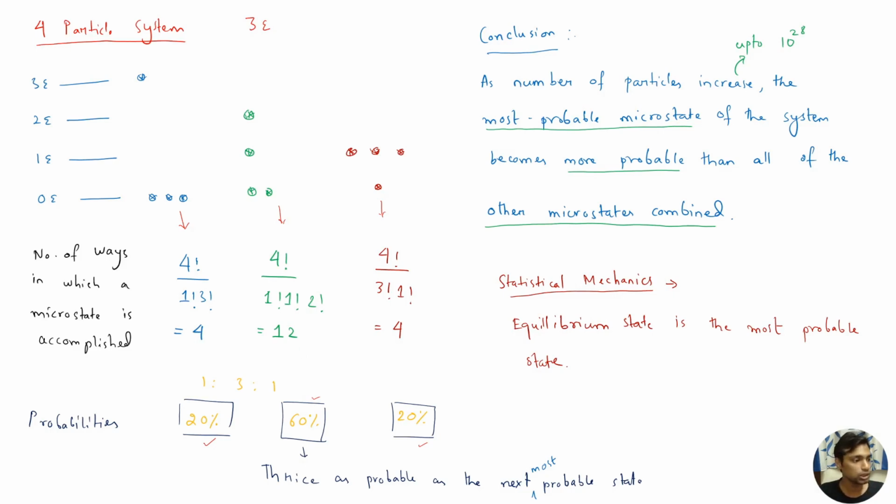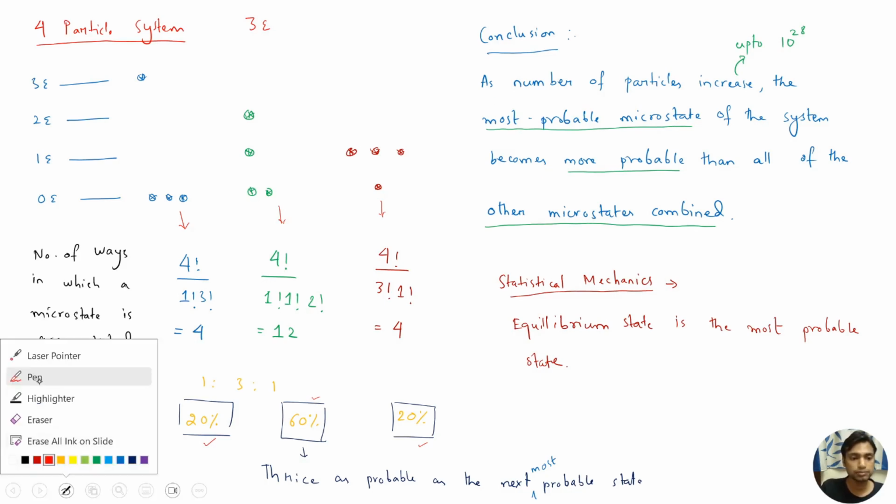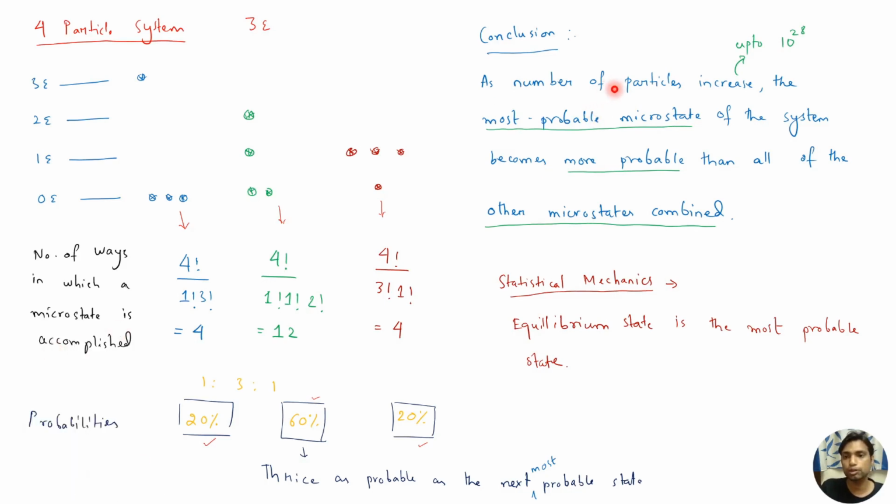So the probability of the system to be in this state is more likely than all other states combined. So what do we conclude from here? We considered up to 4 particles. Now imagine if we have 10 to the power 28 particles. It is a really huge number. What is the trend we observed?